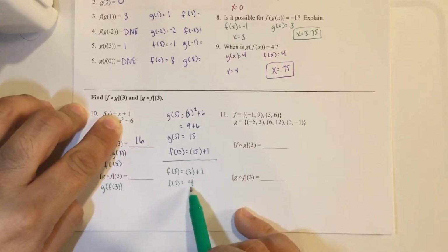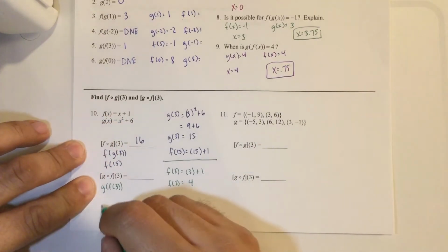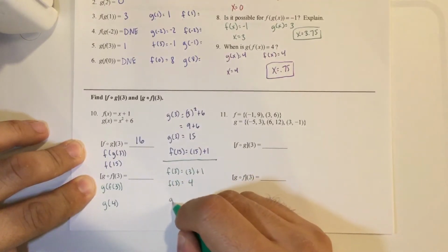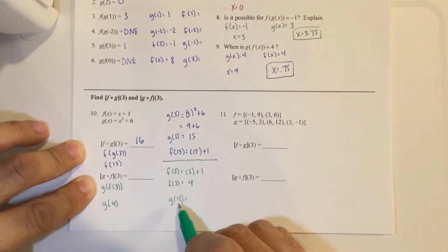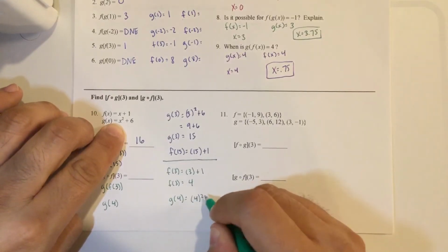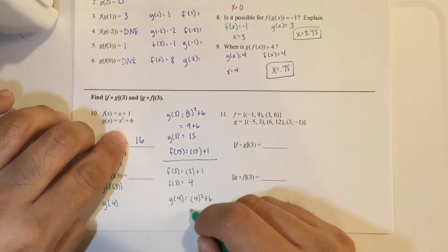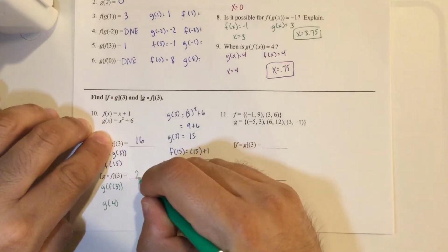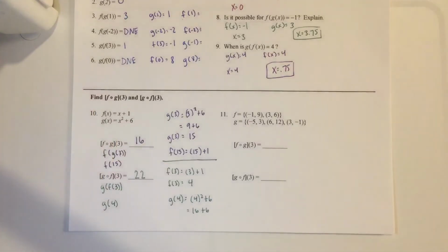So now that we know that f of 3 is 4, instead of saying g of f of 3, we say g of 4. For g of 4, we now substitute 4 into the g function, which is right here. So 4 squared plus 6. 4 squared is 16 plus 6. 16 plus 6 is 22.